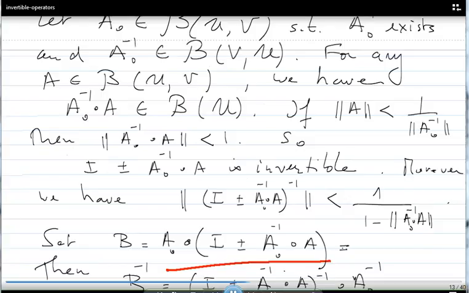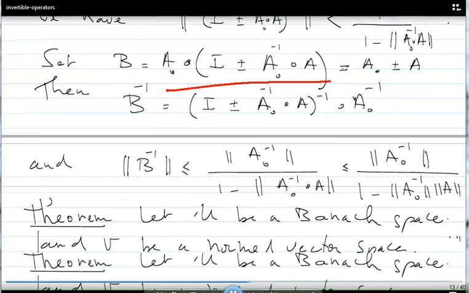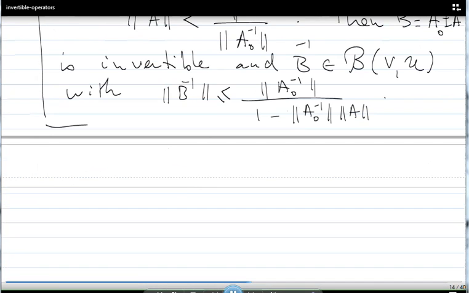If we develop it, we get A0 times the identity map plus minus, by linearity of A0, A0 times A0 inverse times A, and that is A. So the operator B, in fact, is just A0 plus minus A. So we have this theorem. As an application of this, so that's what we proved before, we get the following result.